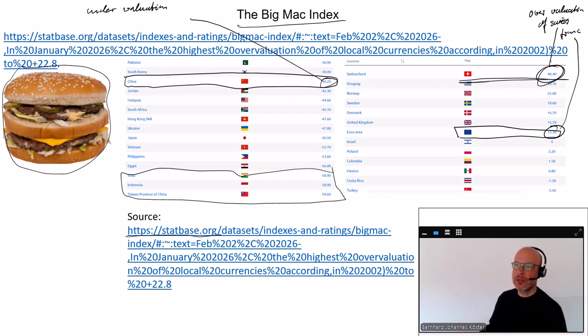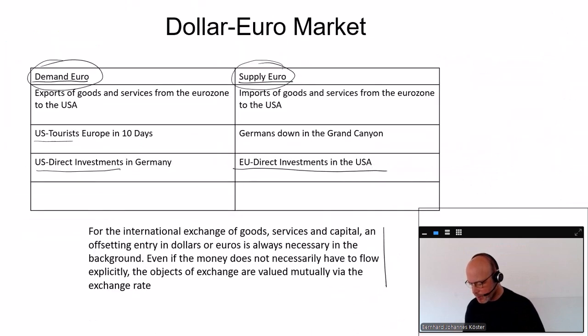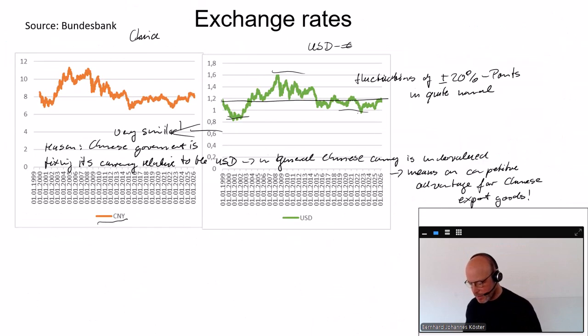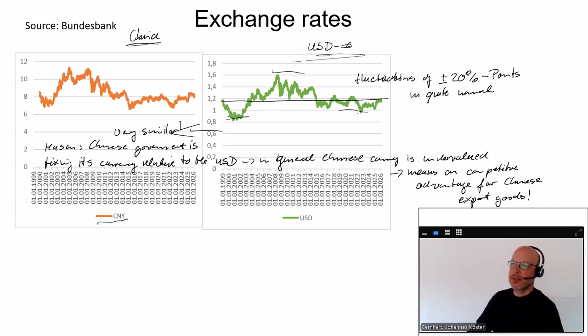And this we also know. Here I said to you that China more or less coupled their exchange rate to the US dollar, and therefore the development of the Chinese currency and the US dollar versus the euro is very similar.